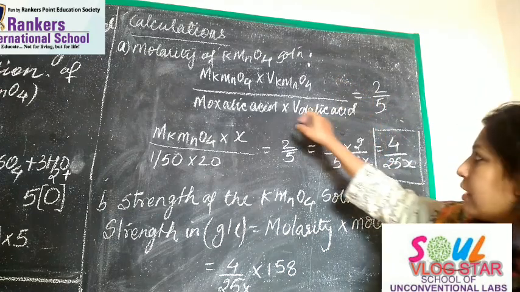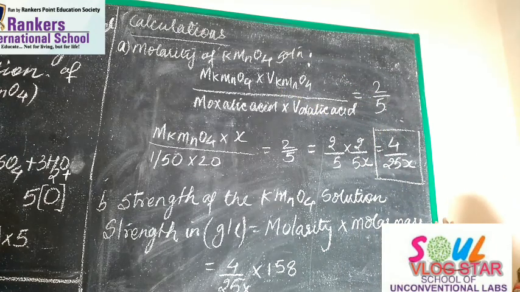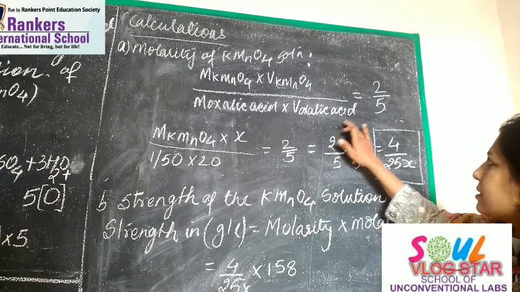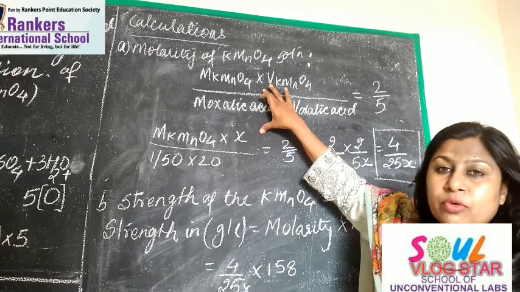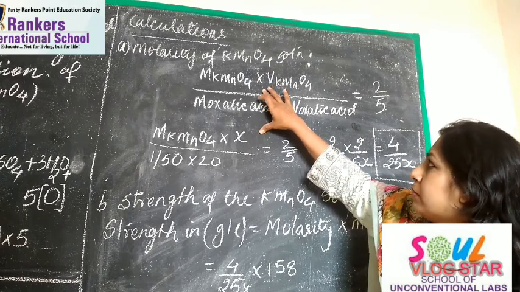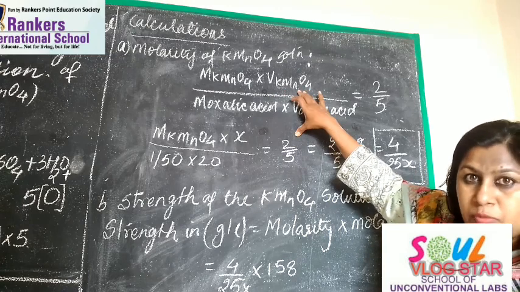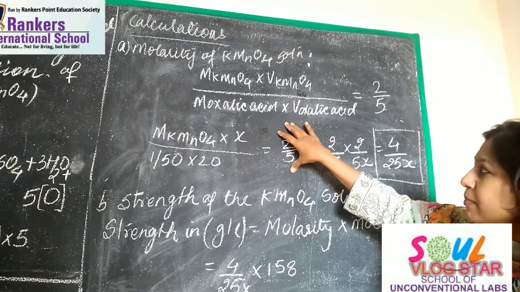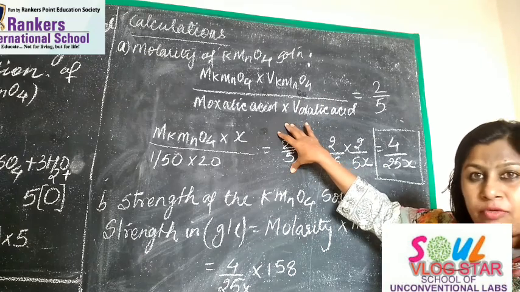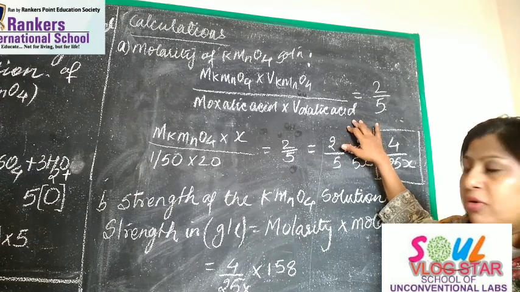For that, the formula is M KMnO4 into V KMnO4 upon M oxalic acid into V oxalic acid, where M KMnO4 is the molarity of KMnO4, V KMnO4 is the volume required of KMnO4, M oxalic acid is the molarity of oxalic acid, V oxalic acid is the volume of oxalic acid, which is equal to 2 by 5.